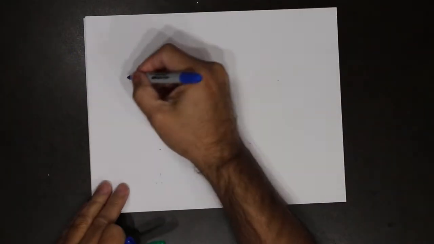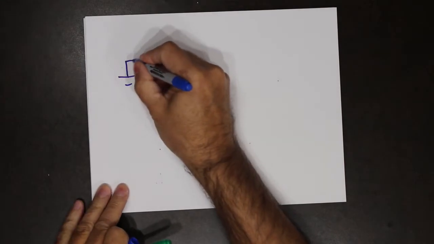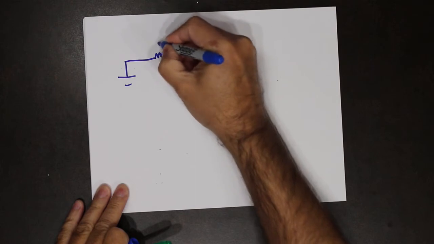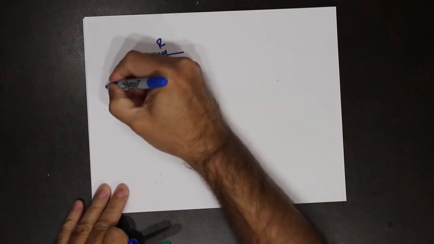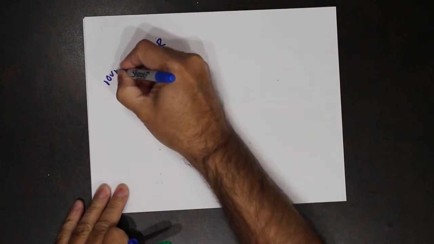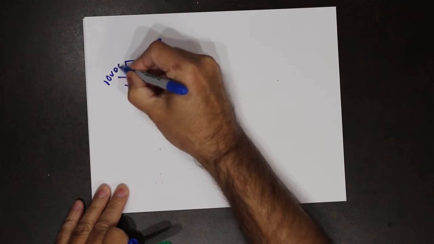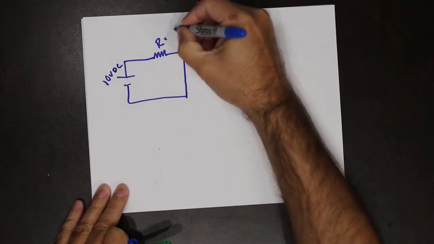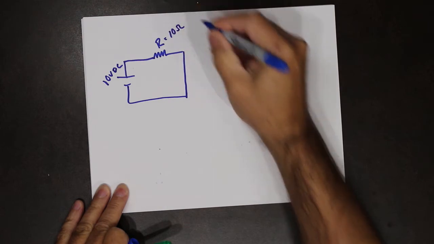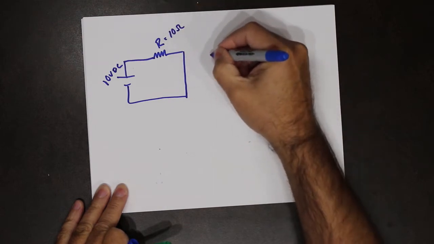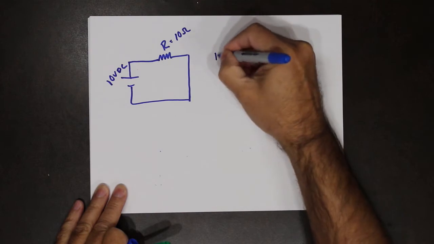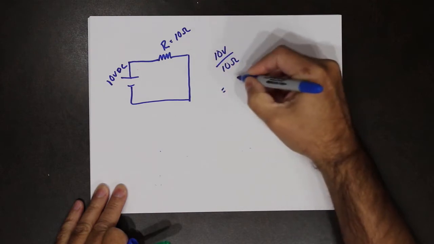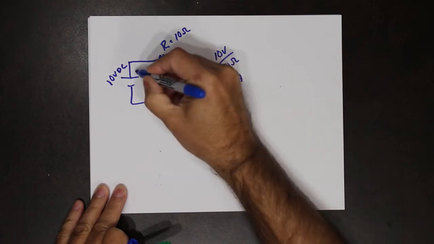As opposed to if I had a voltage supply and a resistor, and I said that that was 10 volts of DC, and the resistor was equal to 10 ohms. Ohm's law would say that 10 volts divided by 10 ohms gives us 1 amp of current.